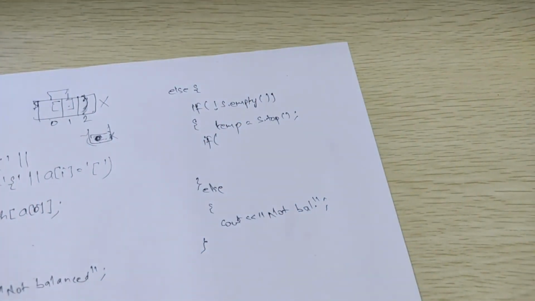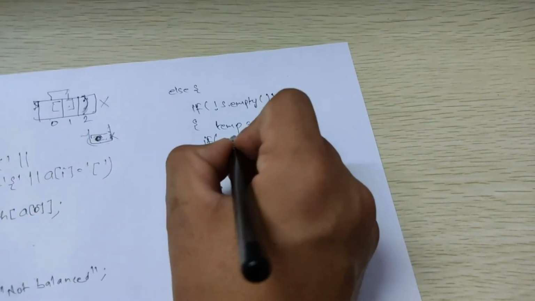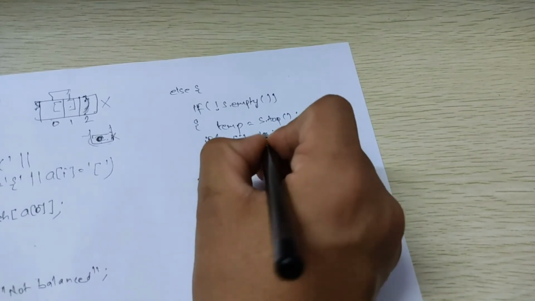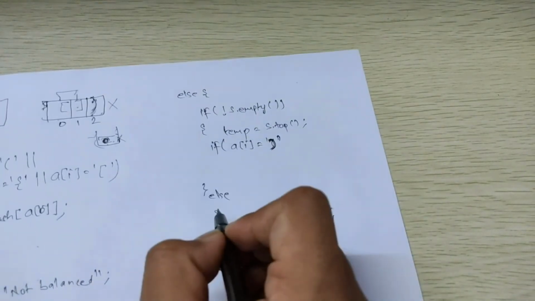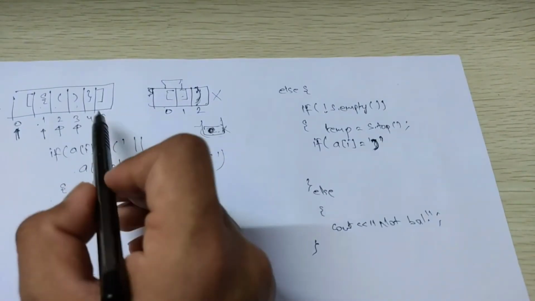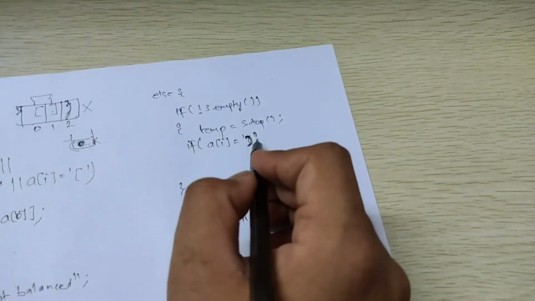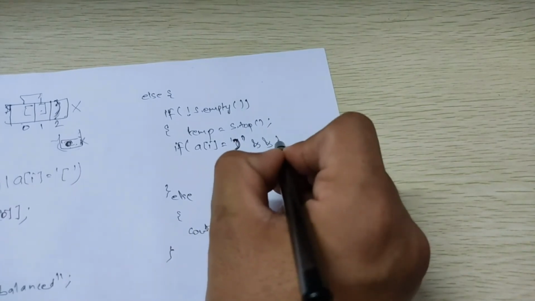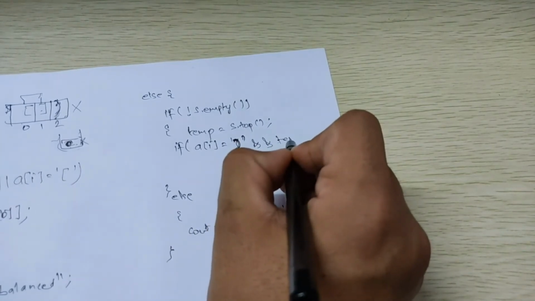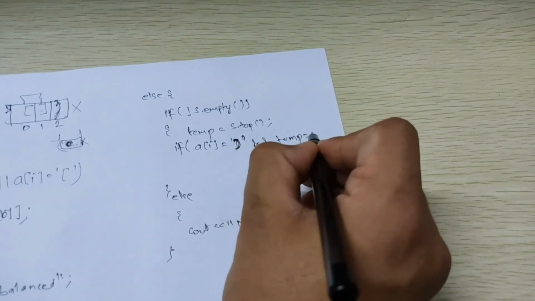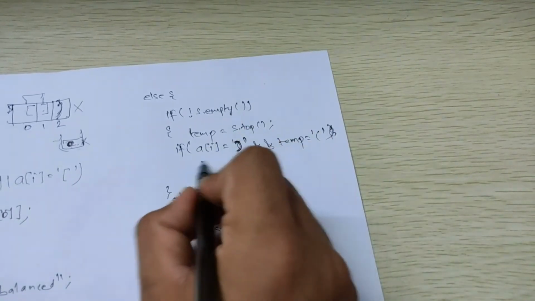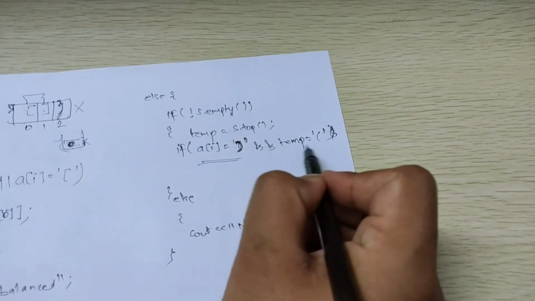What are the conditions? If a of i is a closing bracket, okay, so this is the closing bracket, and temp has to be an open bracket. Fine. So if it is a closing bracket, then temp has to be an open bracket.